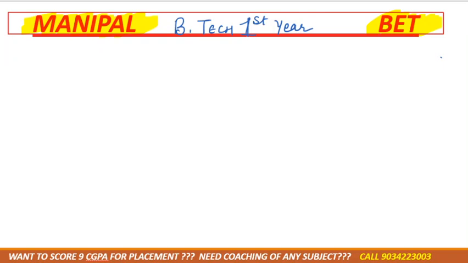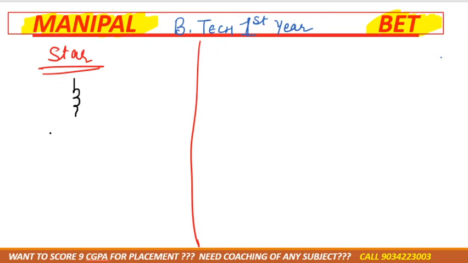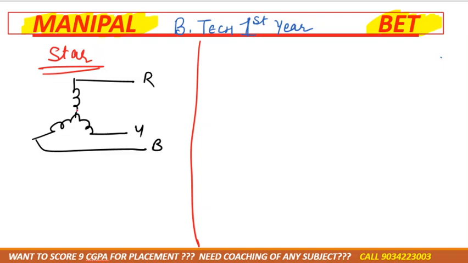Now again, for the unbalanced system, these formulas are present in your handbook as well. This one is for star. As you know, in the star connection, voltage is different, right? If I draw a diagram, this one is R, this one is Y, this one is B, and this one is the neutral.